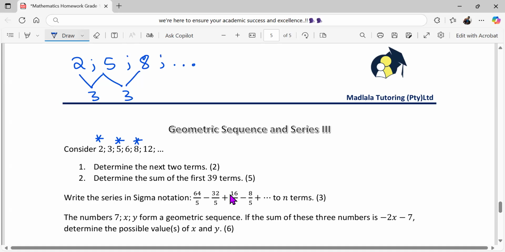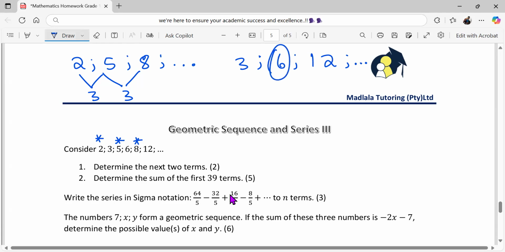Now, what about the other one? Well, here we have 3, we have 6, and we have 12. And if you give it a good look once again, you see that it's actually a geometric sequence that has a constant ratio of 2.